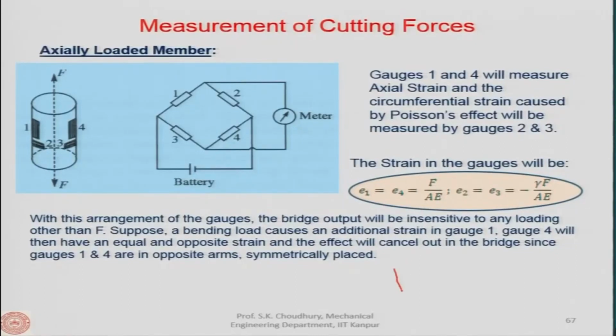Normally there is a very thin paper, and on that paper there is a very thin wire in a spiral shape like this, and its two ends are given here. This wire in the spiral shape is glued on the paper. This is the very thin paper, and this is the wire.